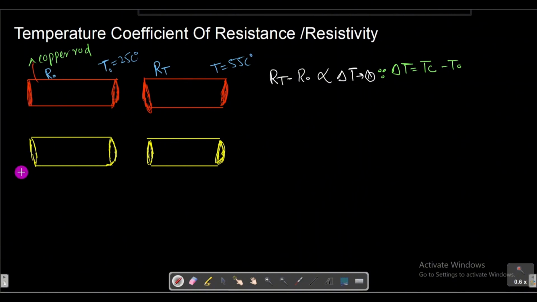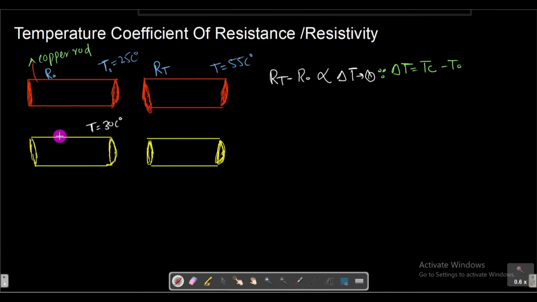And similarly, we have the same copper rod. So we have the copper rod, and this is that same copper rod. Let's consider now that the temperature of this copper rod is, let's say, 30 degrees centigrade.